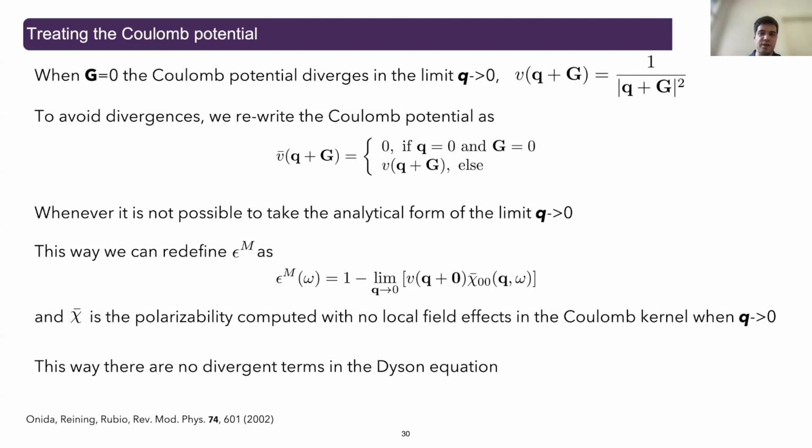And in order to avoid this divergence, whenever it's not possible to take the analytical form of the limit of Q going to 0, we replace the Coulomb potential in this expression by another which ignores the divergent term. And we write the macroscopic dielectric function as dependent on the full Coulomb interaction, but now also of chi bar, which is the polarizability computed with all local fields in the kernel when the momentum Q is close to 0. This way, it is possible to avoid divergent terms in all the contributions in the Dyson equation.